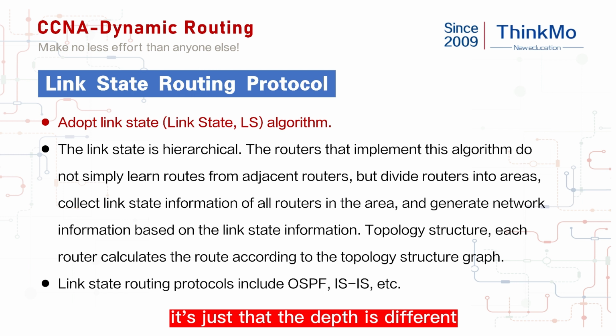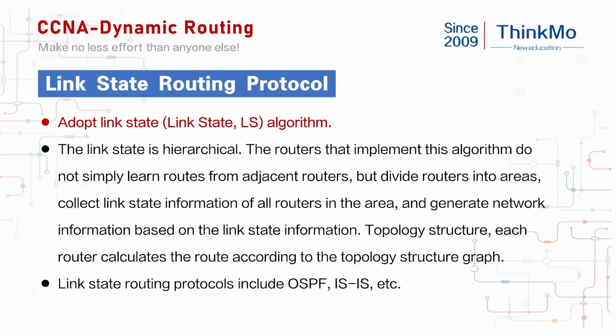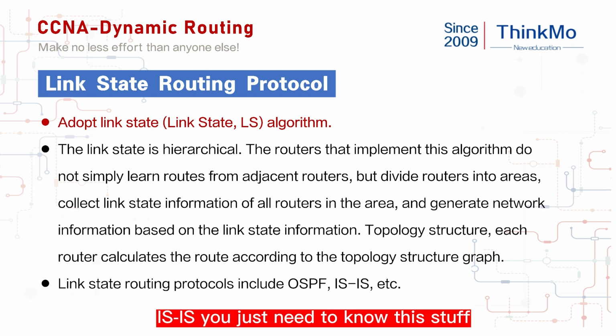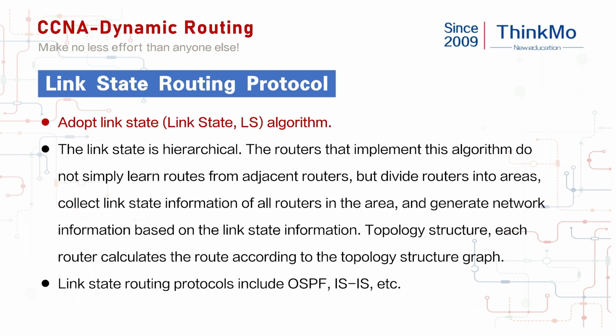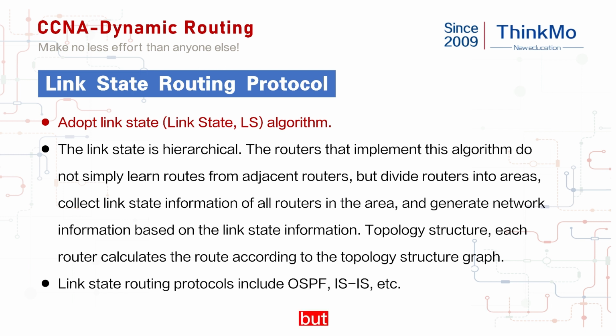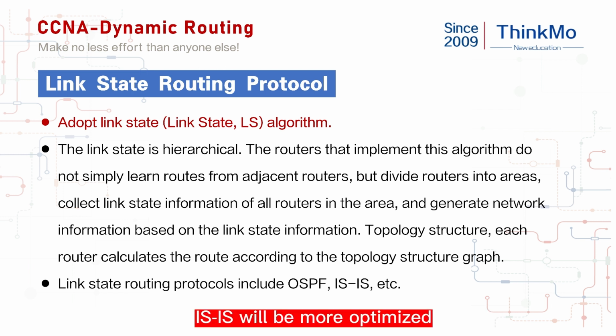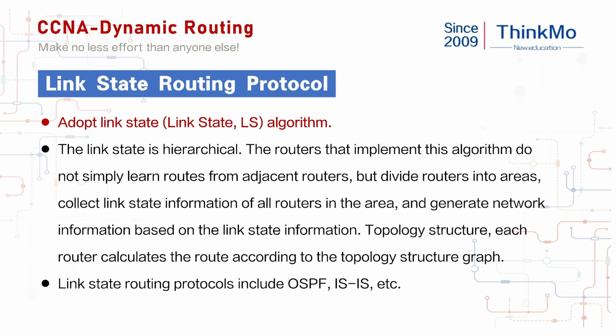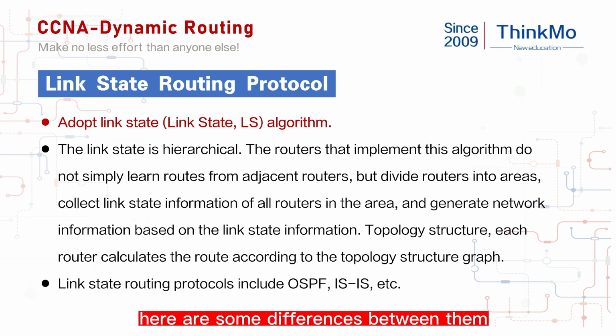It's just that the depth is different. For these two routing protocols, ISIS, you just need to know this stuff. They all use the SPF algorithm. It's just that the way it's done is different. You'll think it's pretty much the same inside. But ISIS will be more optimized. It is also stronger than OSPF. Here are some differences between them.